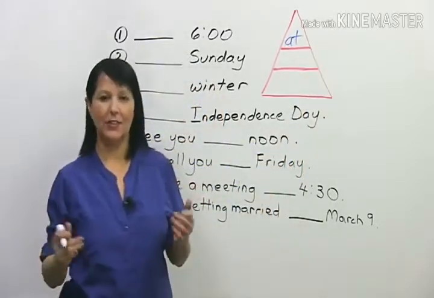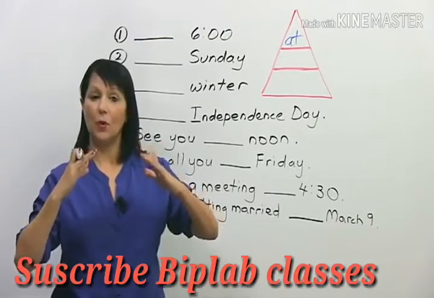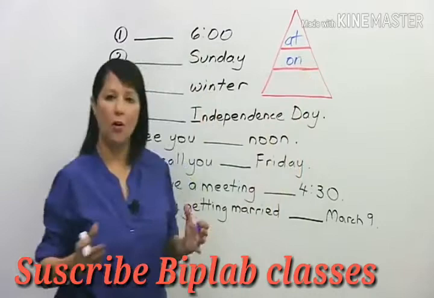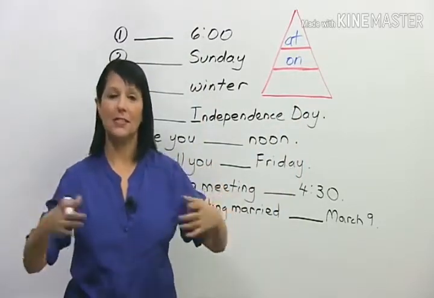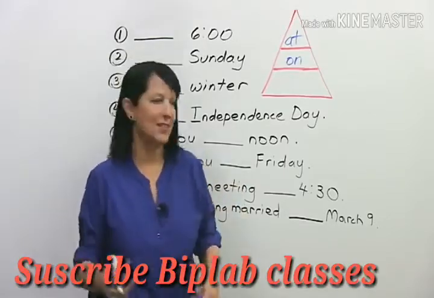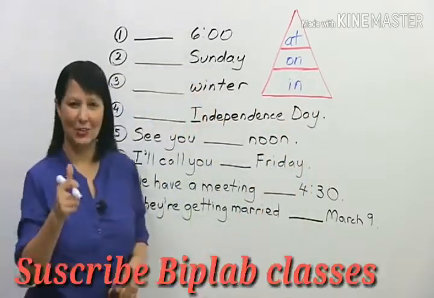At. Very good. What's a little bit more than that, covering one day or one date? On. Very good. And what's the widest of the lot, covering months and seasons and years and decades and centuries? In. Okay? You've got it.